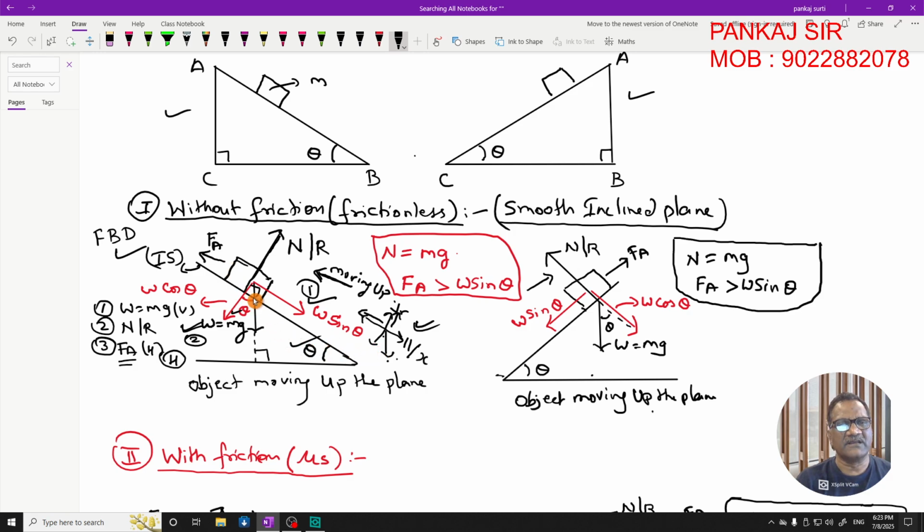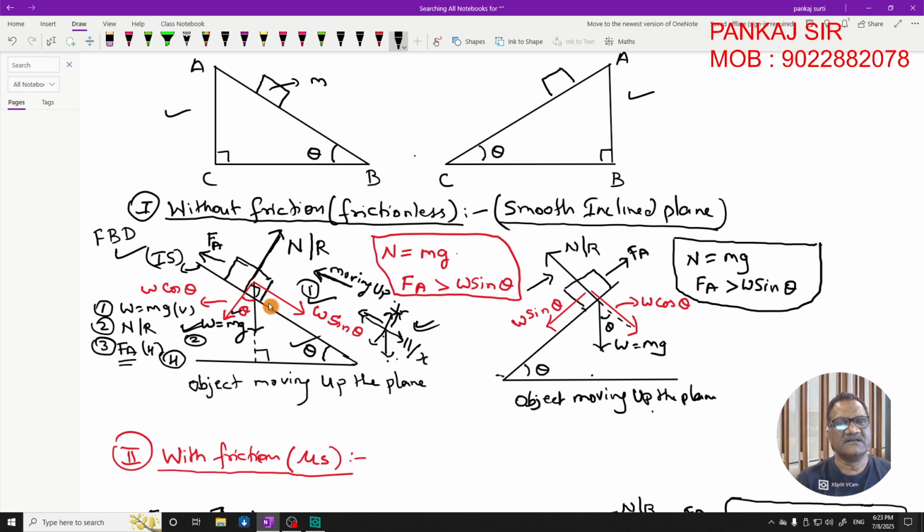Now this block is neither going into the inclined plane nor is it flying off from the inclined plane. It is remaining on the inclined plane. Therefore the forces acting along this perpendicular direction will be equal. So along this you have N, the normal reaction force going upwards, and downwards you have the perpendicular component of mg, which is nothing but w cos theta.